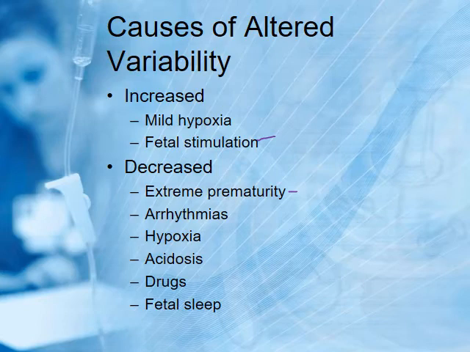Cardiac arrhythmias, hypoxia again, acidosis, drugs, and then fetal sleep. We mentioned that, giving mom an Ambien, the baby will sleep. And these sleep cycles happen even during labor. The baby could sleep for about 20 to 30 minutes, and then they should wake up and get more active. So you'll see 20 to 30 minute sleep cycles on these babies. It's pretty cool.